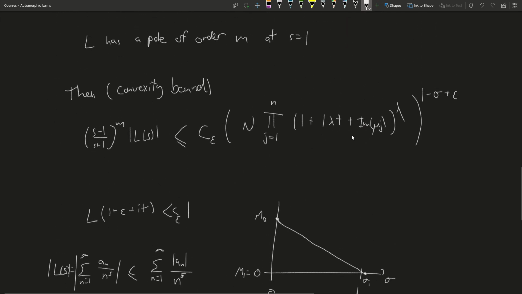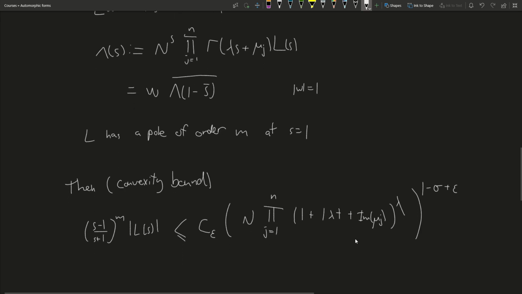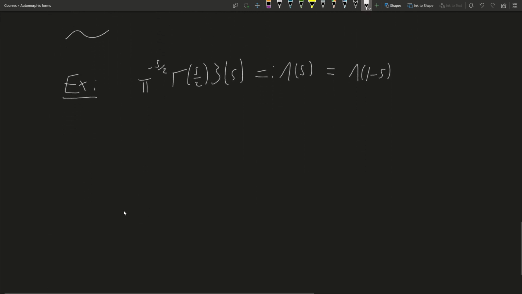So comparing to the statement of the convexity bound, let's not care about the other variables for now. The power of t that we're getting is going to be t to the lambda, where lambda is the coefficient of s appearing in the gamma factors. We also have this pole at s equals 1, so you might have to care about that, but I'm just going to look at t going to infinity, so that factor tends to 1.